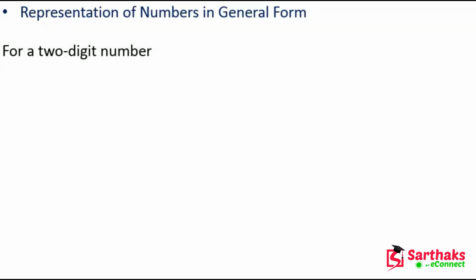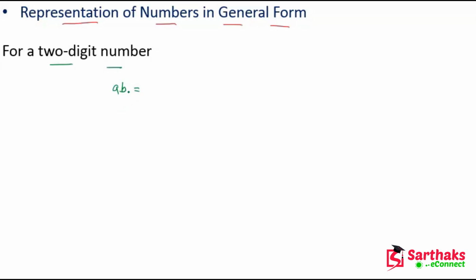Now here is the representation of numbers in general form. Let's see the general representation of a two-digit number. Let's suppose we have a two-digit number AB.